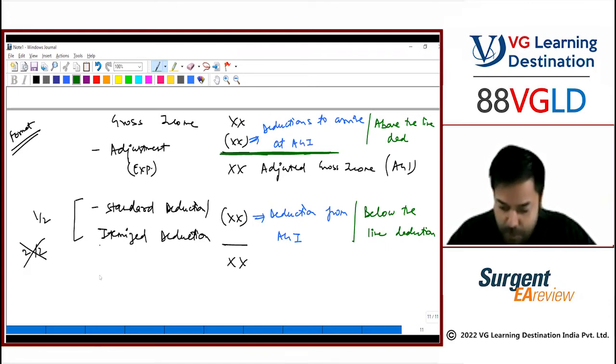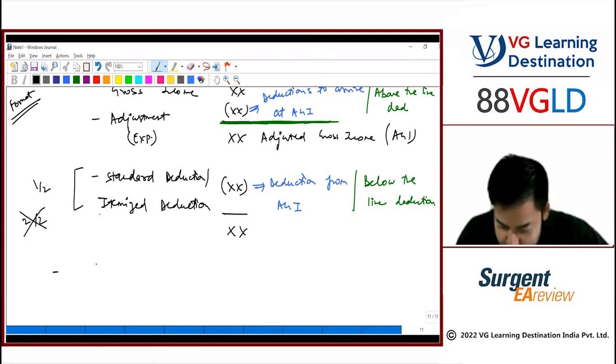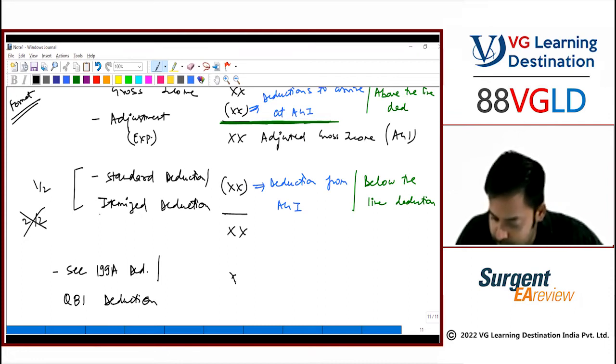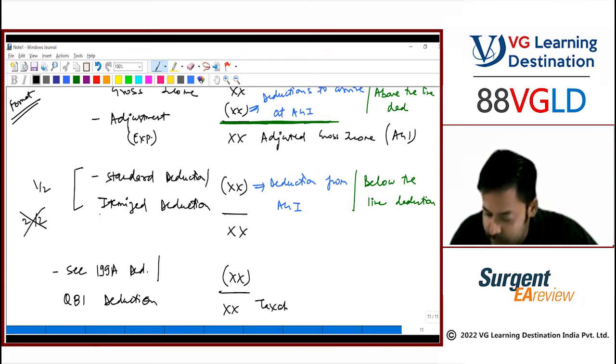From this, we are going to reduce the section 199A deduction, which is also called the QBI deduction. This will give us taxable income.